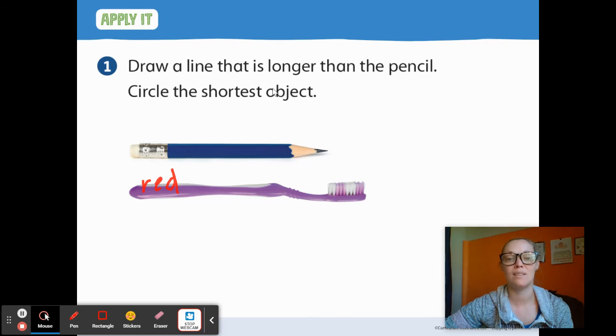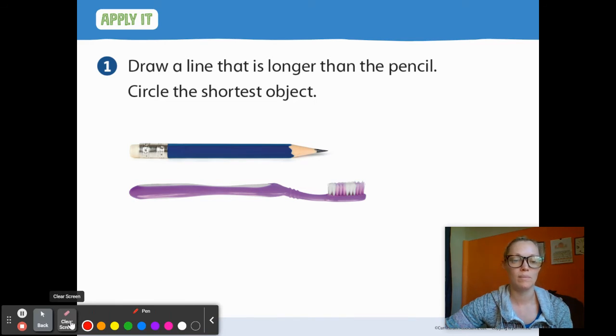Draw a line that is longer than the pencil. Go ahead and do that now. Draw a line that is longer than the pencil. Now, circle the shortest object. I can't do it for you because your line could be different than mine.